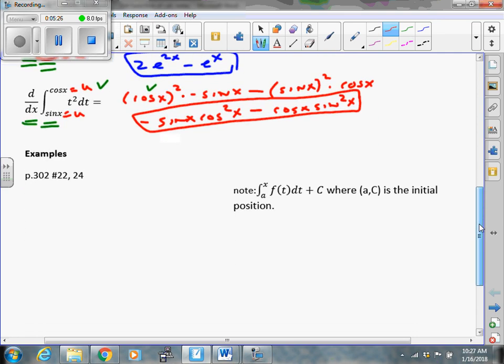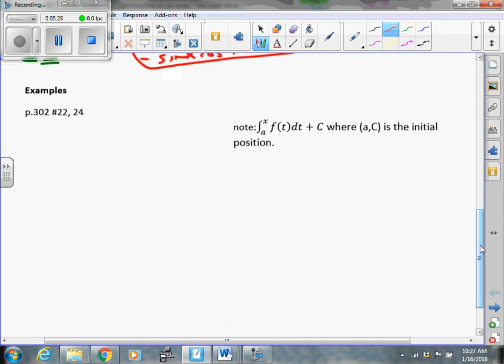Some other components of the integral. Question 22, if you look at your book, says find the y value in terms of an integral. So 22 gives you the derivative.